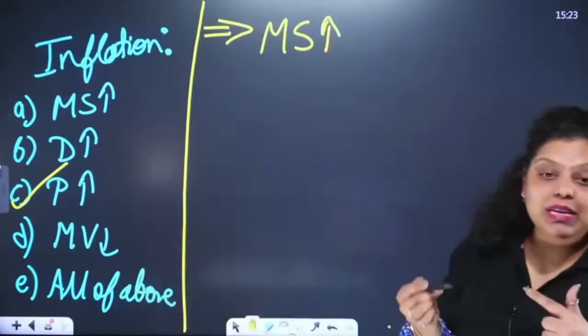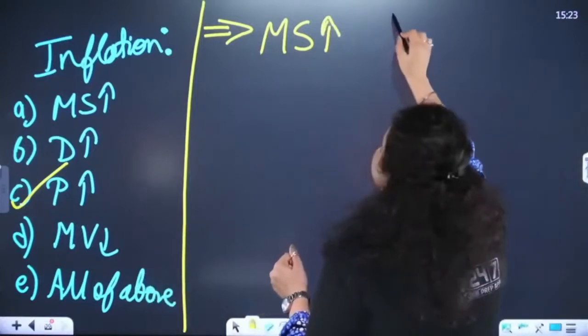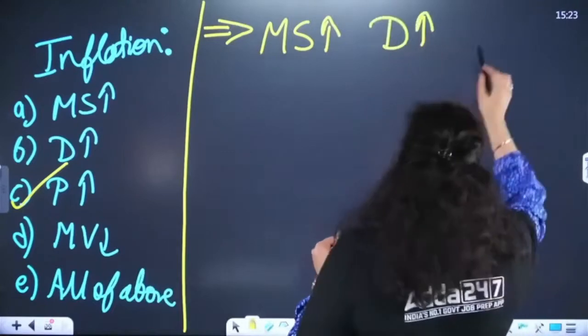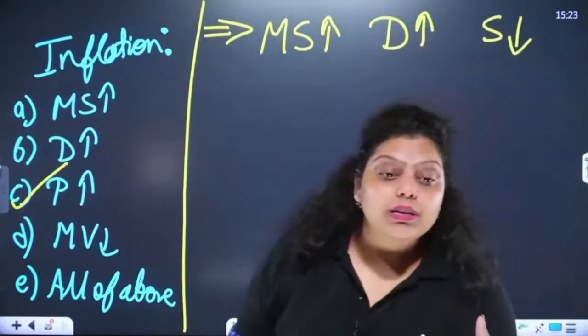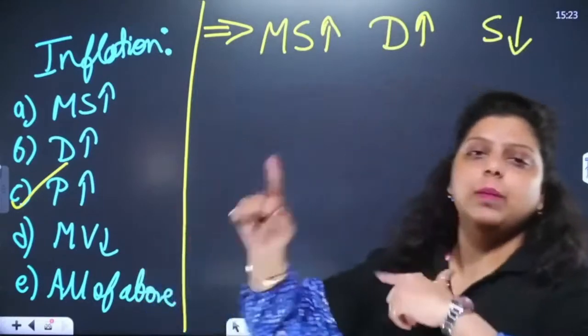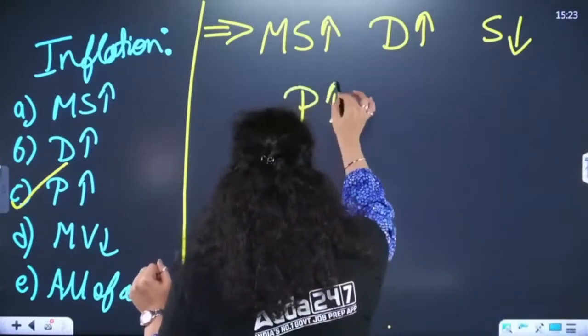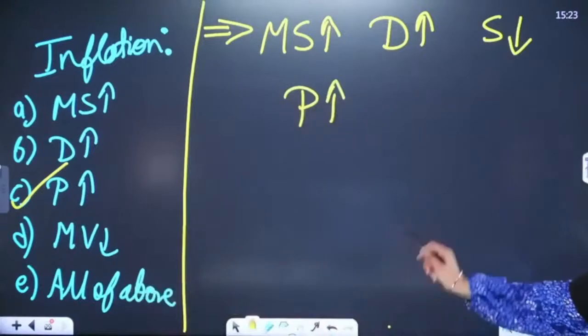Whenever the money supply increases, the demand of consumers will increase. Whenever the demand of consumers increases, the supply will decrease, because demand and supply have an inverse relation, a negative or opposite relation. So demand increases, supply decreases, so prices will start increasing, because people are asking for more goods and you do not have the goods, so prices will what?